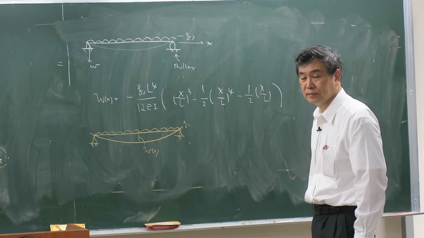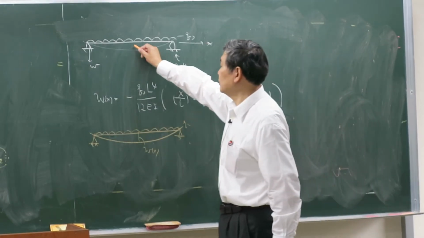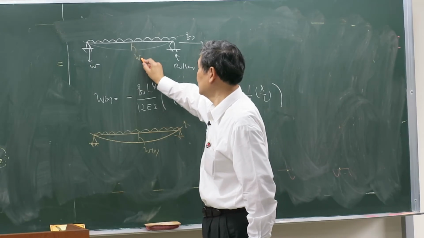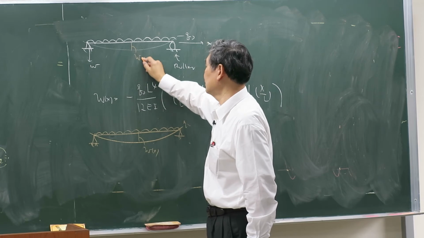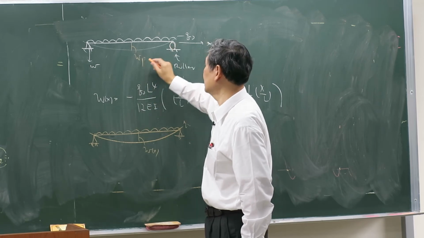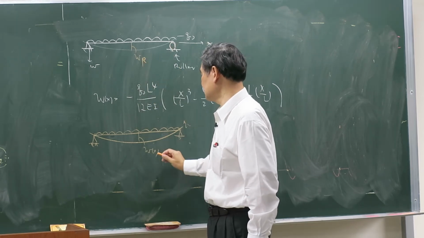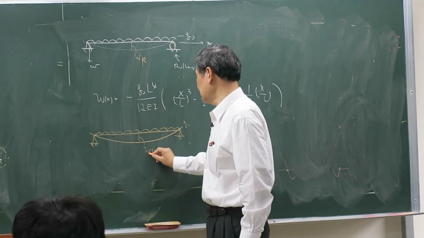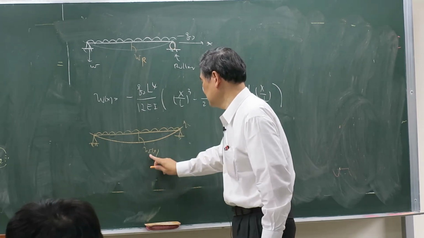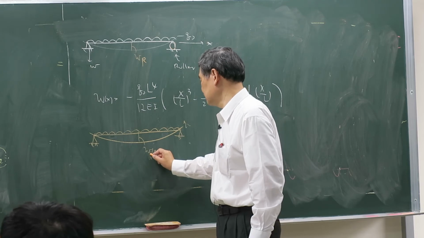If W1 is a roller, and this W is hinge, fixed, right?